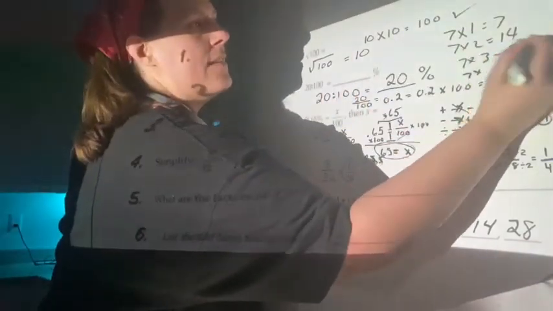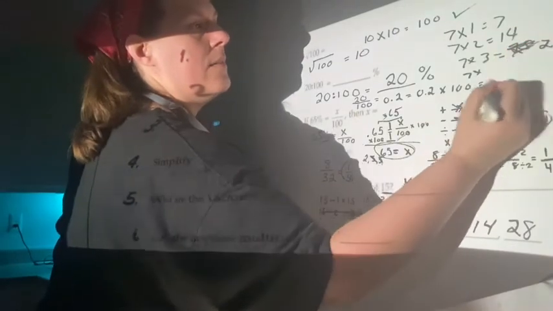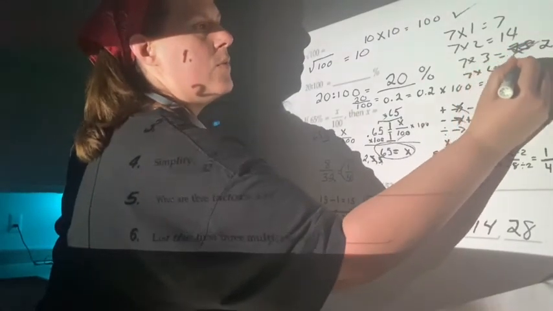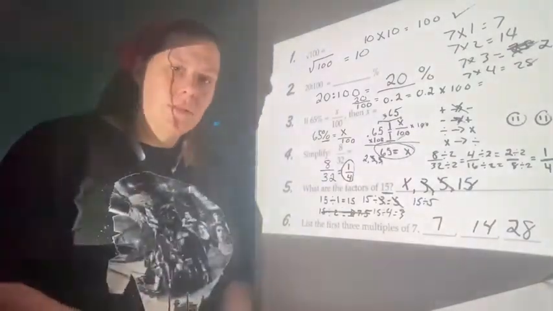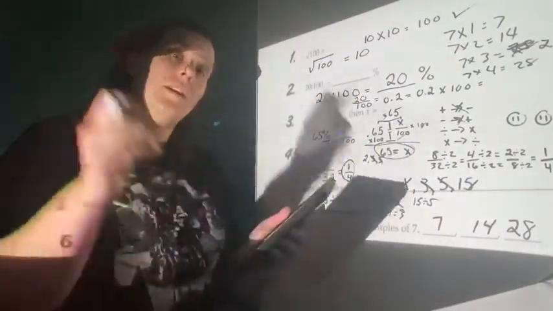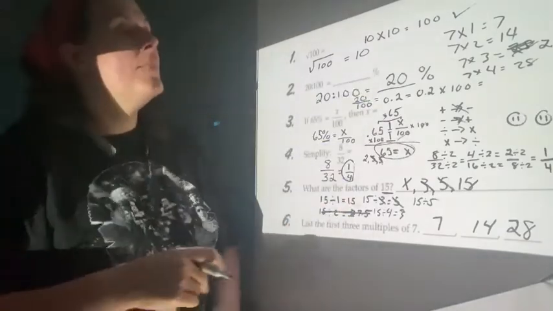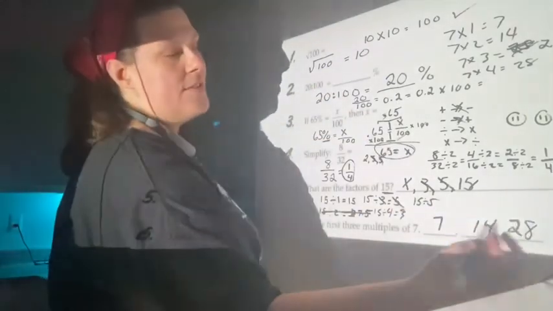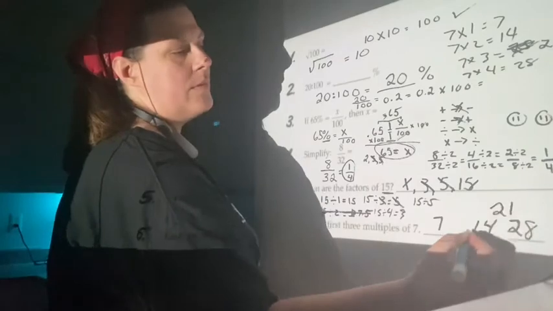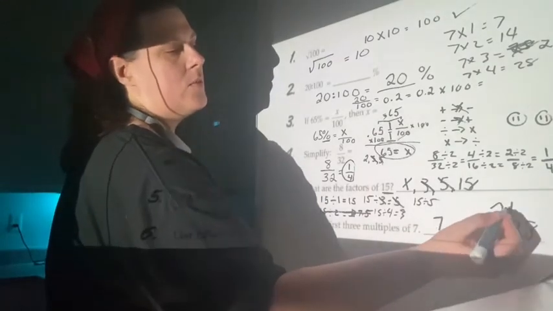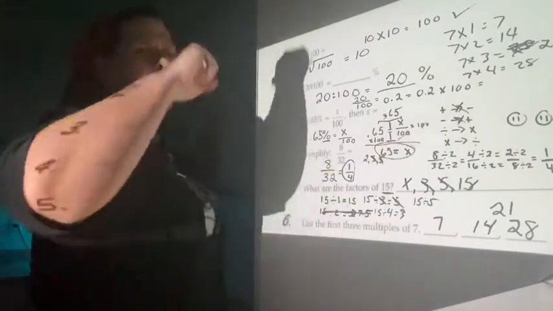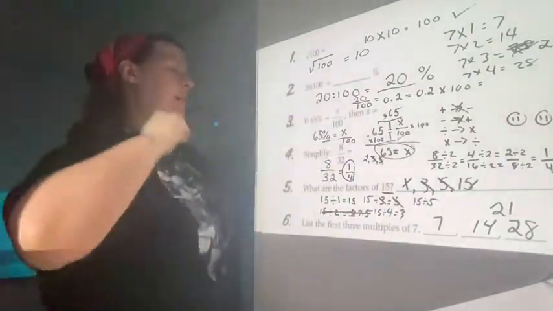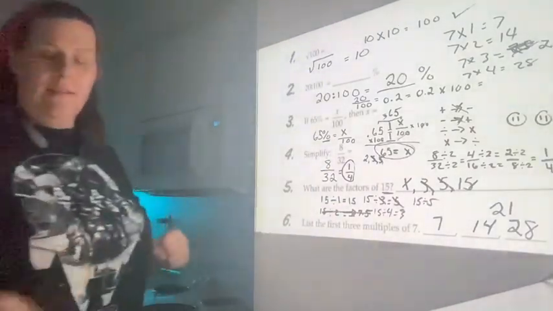Trying to do it too fast. 7 times 3, 21. 7 times 4, 28. You just go through your multiplication tables. And if you don't know your multiplication tables, that's why you've got your calculator. You're all set. Down here, as you can see, I missed one. 21. 7, 14, 21, 28, 35, 42. And yes, I can skip count by 7s. Skip count by 7s. That's right.